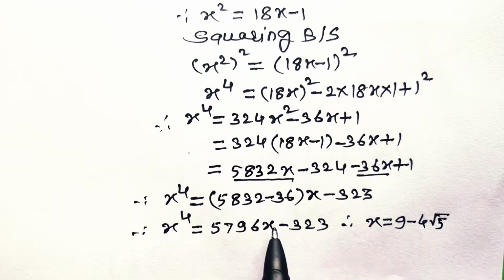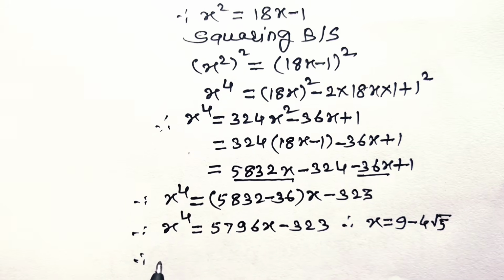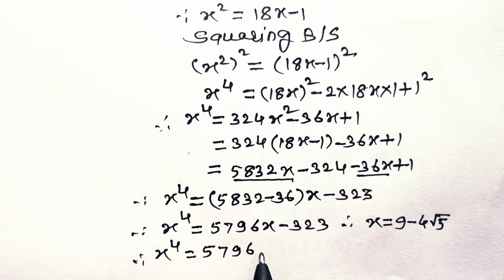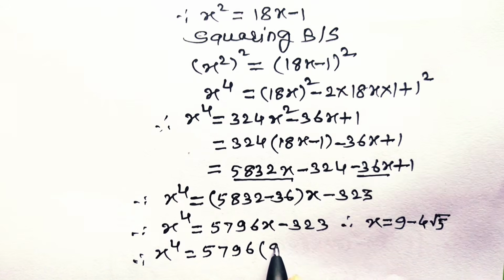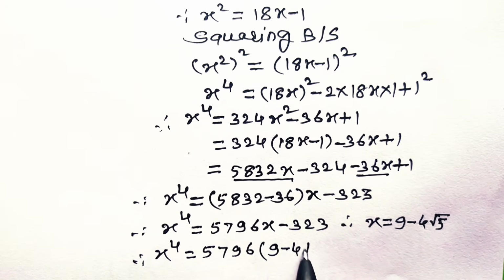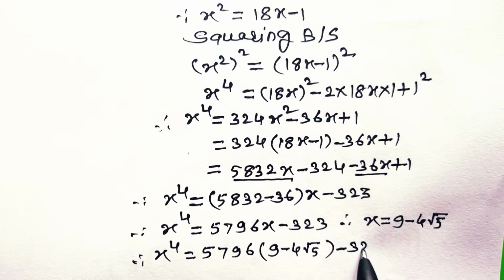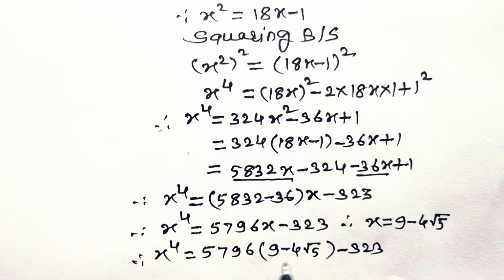Put here. Hence x to the power 4 is equal to 5796 into bracket 9 minus 4 root 5 minus 323. Multiply this bracket by this number.